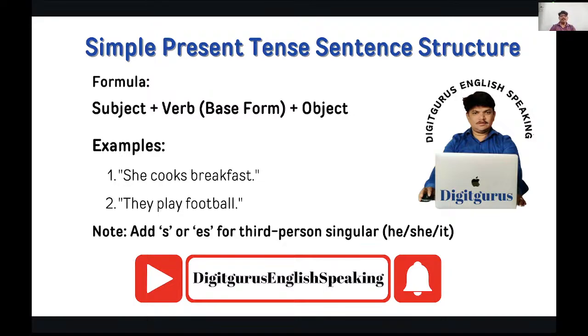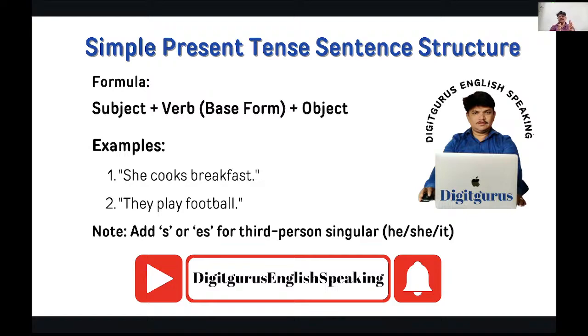Now what we are missing here is to add s or es for third person singular. He, she, it. These are the third person singulars. When you are using he, she, it, or any noun, proper noun, add s or es at the end of the verb. For example, she cooks breakfast.